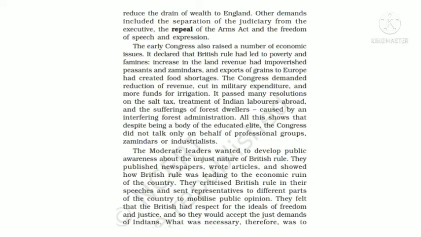All this shows that despite being a body of the educated elite, the Congress did not talk only on behalf of professional groups, zamindars or industrialists. That means, despite being a body of the educated group of privileged people in society, the Congress did not talk only on behalf of professional groups, zamindars or industrialists. Understand?